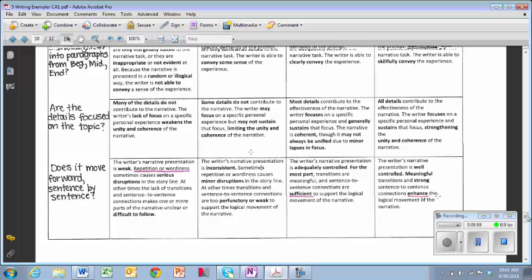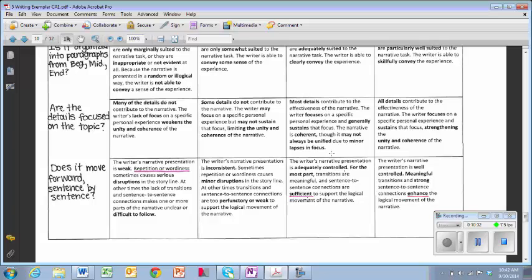To get a level 2, the writer, maybe it's inconsistent or just like the sentences are weak. So for a 5th grader, they should be writing in a variety of sentences, not just very basic, I am good at math. I am good at math because math helps me blank. They would really have to switch it up. So they would get a level 2 if it's just a very weak way that they're presenting their sentences. To get a level 3, and these are the 2 words that stuck out to me, they have sufficient sentence-to-sentence connections.